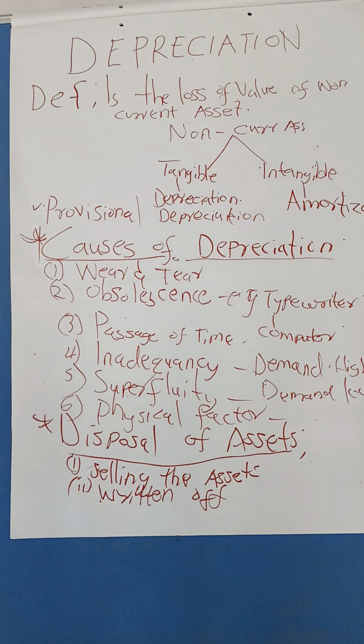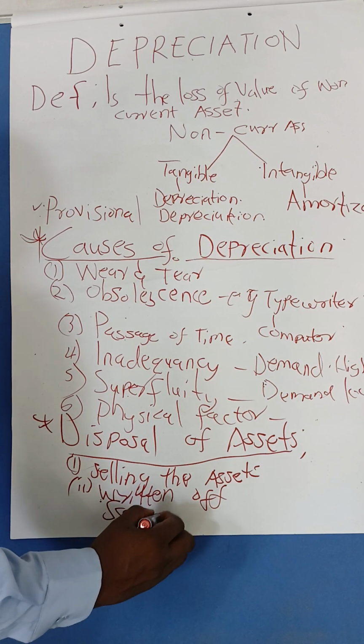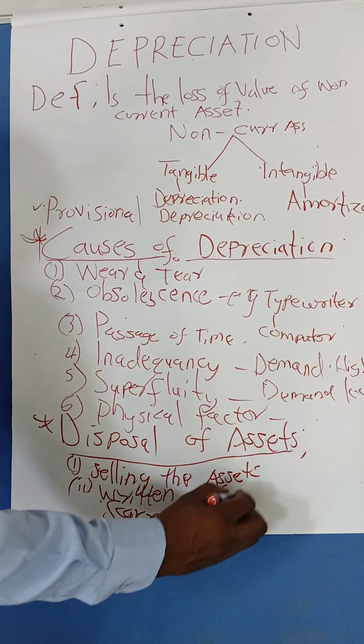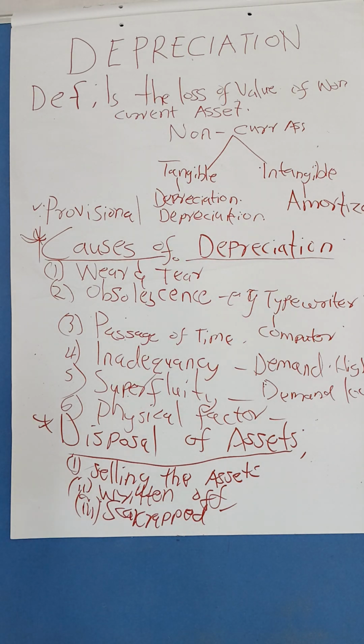Maybe because of an accident they are damaged, so we just write off the assets. Another one, they can be scrapped or used in another way. They can be put in scrapped form so that they can be used for other purposes. So those are some of the ways we can dispose of assets after they have undergone depreciation. You can sell them, write off, or they can be scrapped.